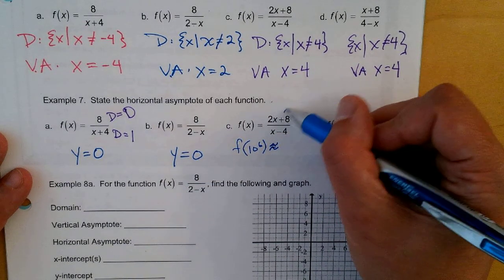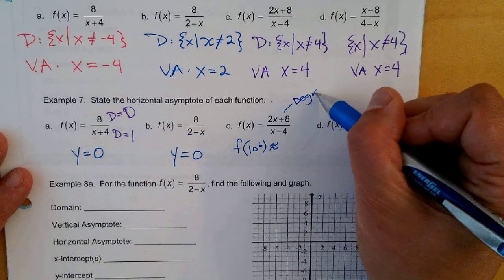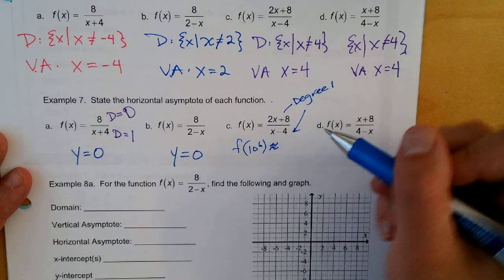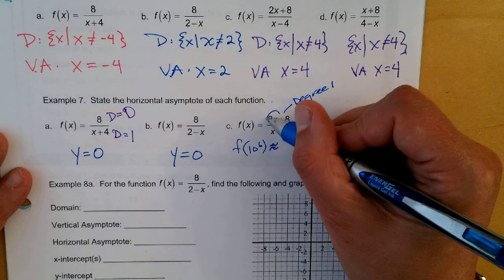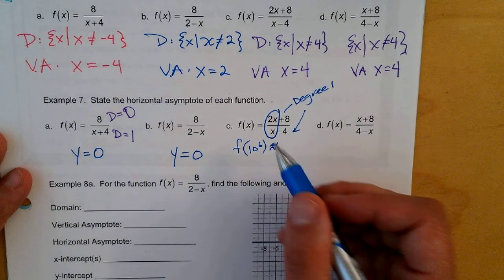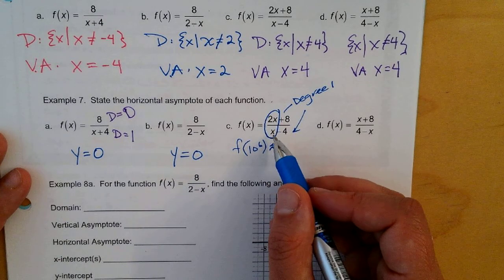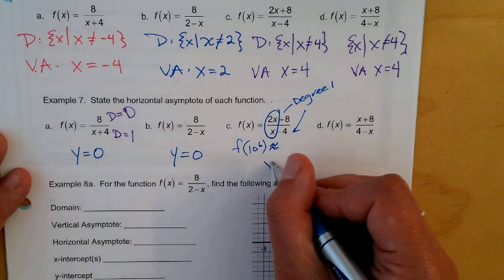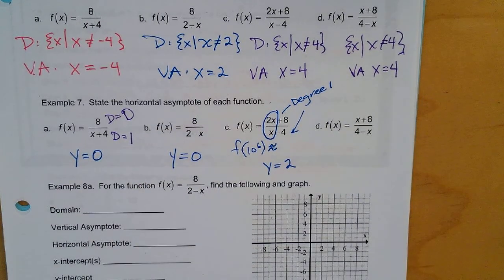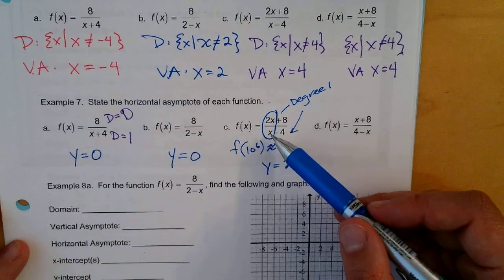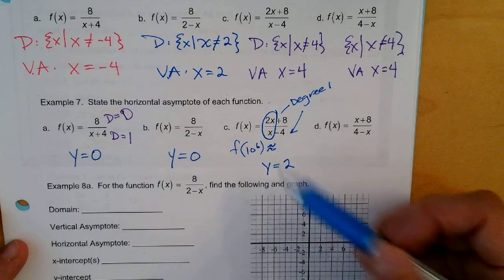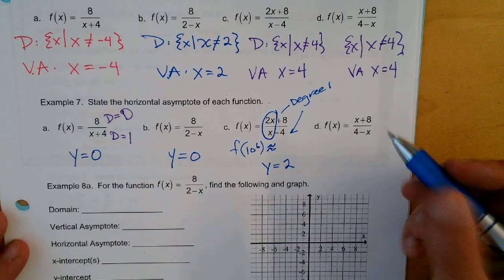Since the degree of the numerator is 1 and the degree of the denominator is also 1, we're going to look at the relationship between the coefficients. What's 2,000,000 divided by 1,000,000? It's actually 2. If they both have x's, we just divide the coefficients. 2 divided by 1 is 2.